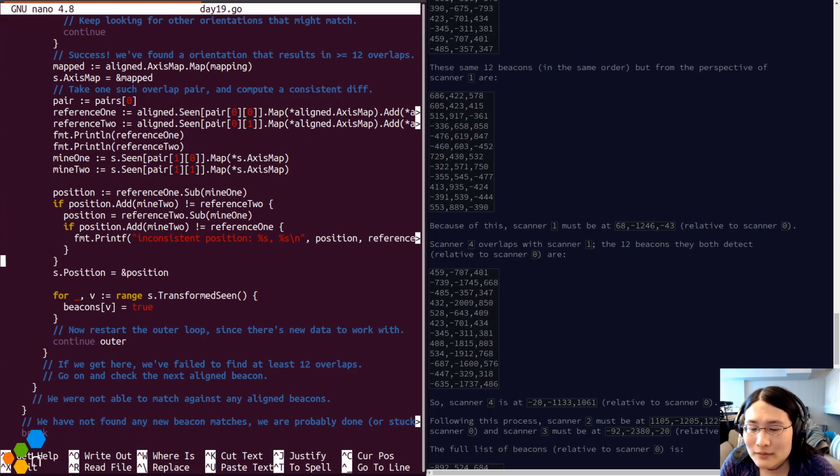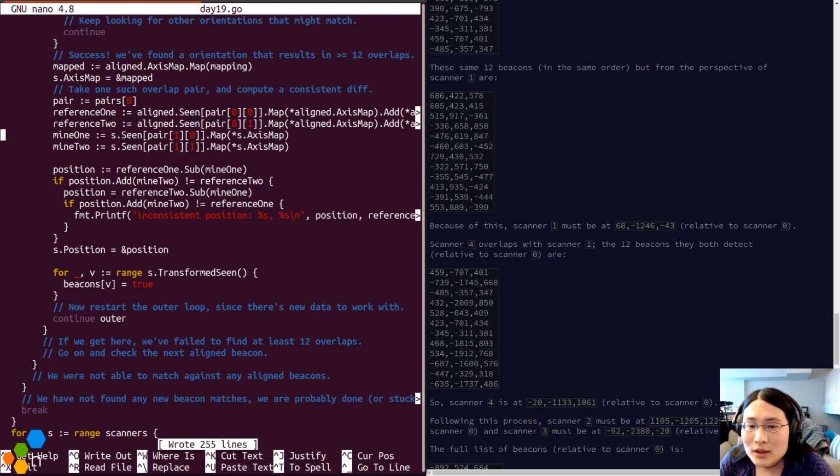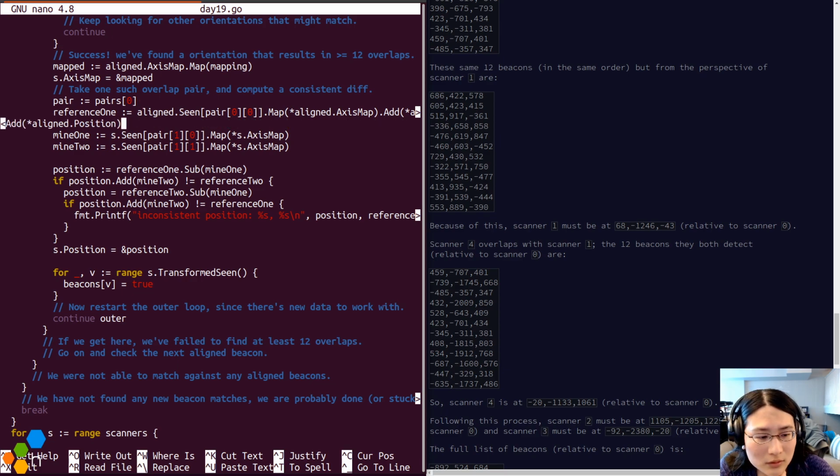My problem is then converting that to knowing what the position is of... yeah, my problem is then converting that. So the beacons have been correctly identified.